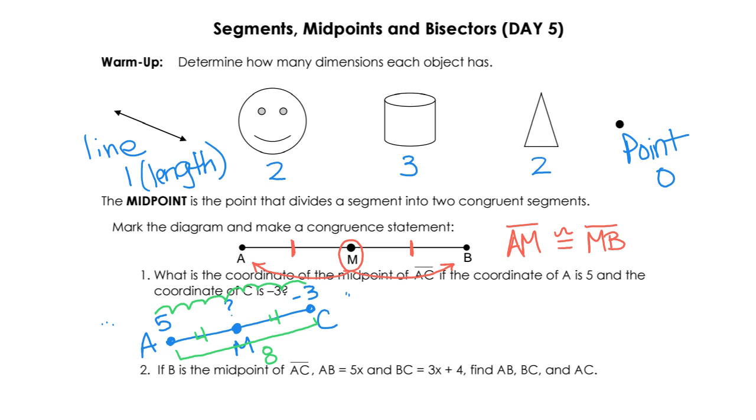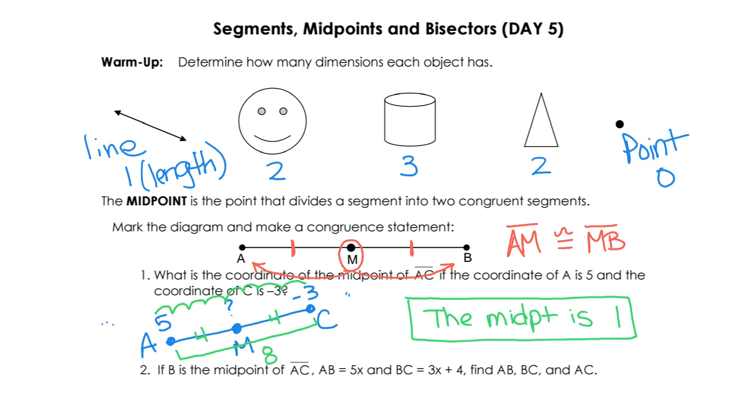What number would you end up at? And hopefully you then can say that the midpoint is 1. Right? 5 minus 4 units would be at 1, or -3 adding 4 units would also be at 1. Okay.